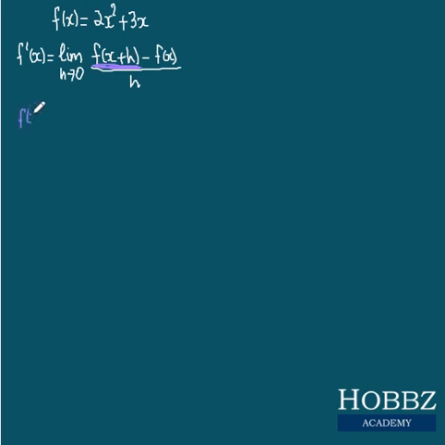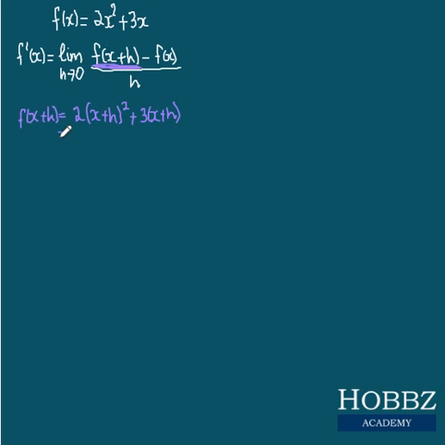So the function f of x plus h is 2 times (x plus h) squared plus 3 times (x plus h).